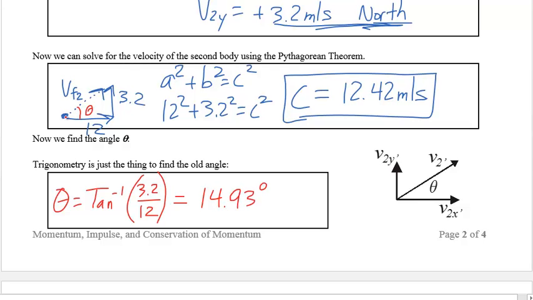So this line here is moving to the east, and our actual velocity is north of that, so the direction is 14.93 degrees north of east. You need both answers together in order to have your actual velocity for speed and direction.